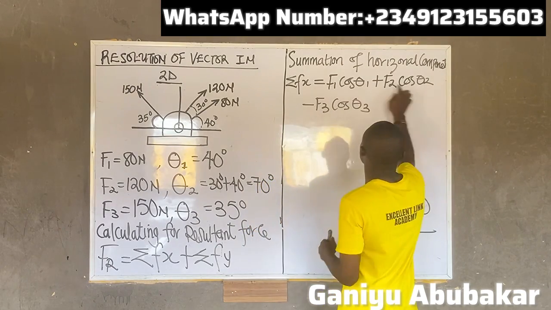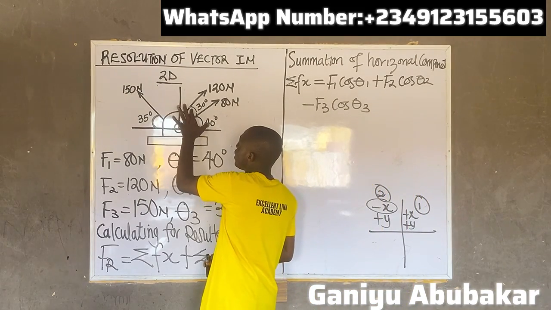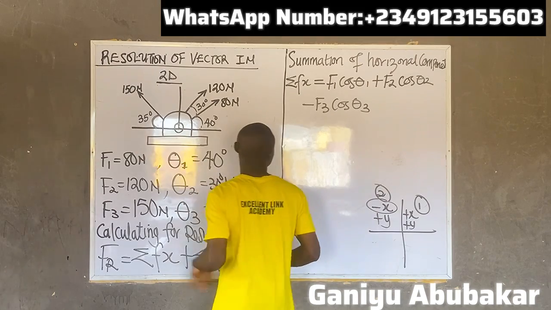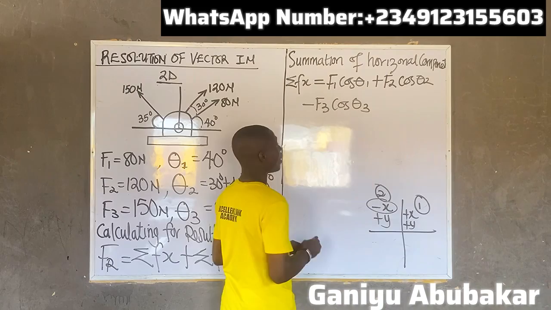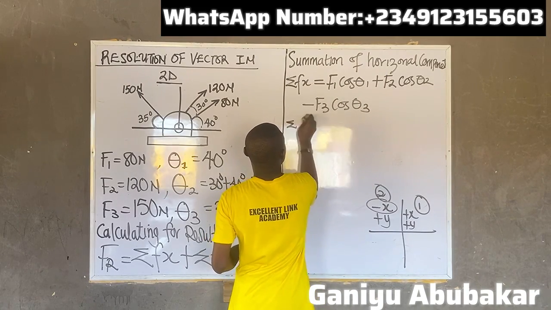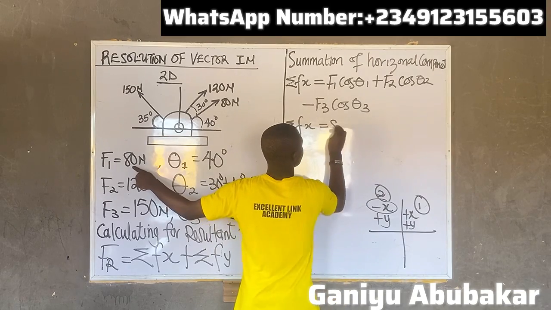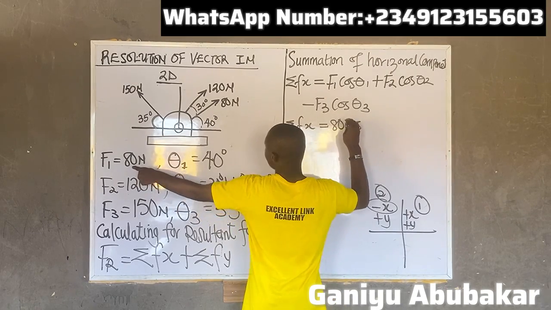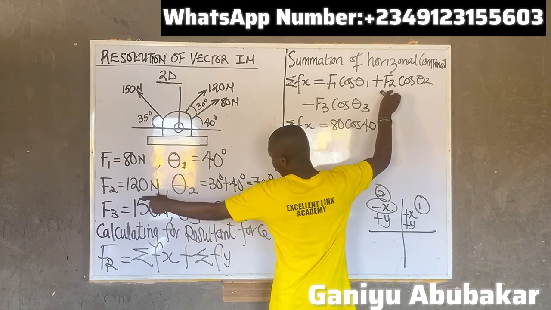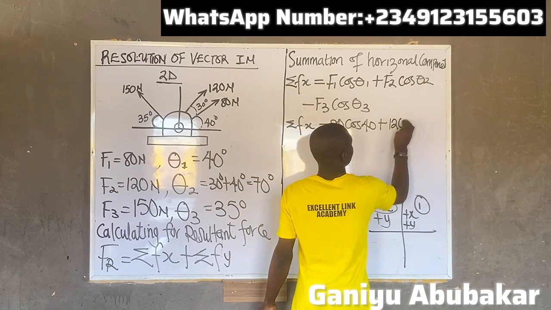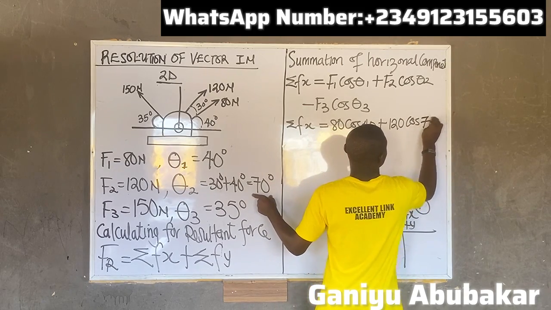Why are they all cos? They are all cos because the angle of each of them is lying on the horizontal. So using F_x for each of them, it's cos theta. Put in values, summation of F_x equals F1, which is 80, 80 cos theta 1, which is 40, cos 40, plus F2 is 120, 120 cos theta 2, which is 70.